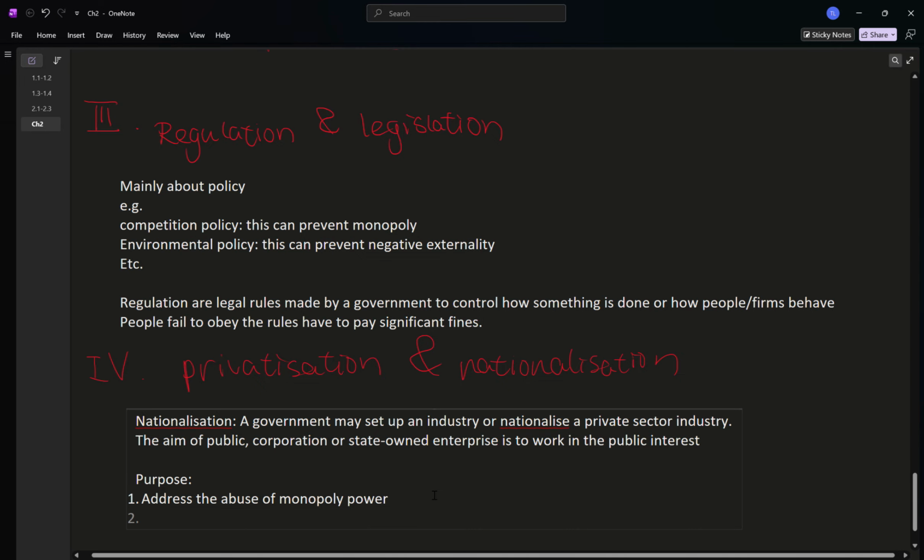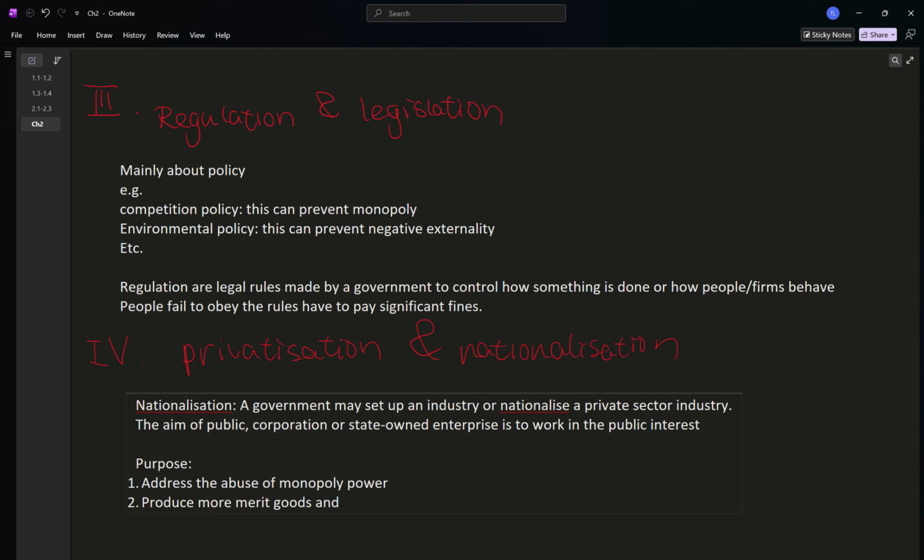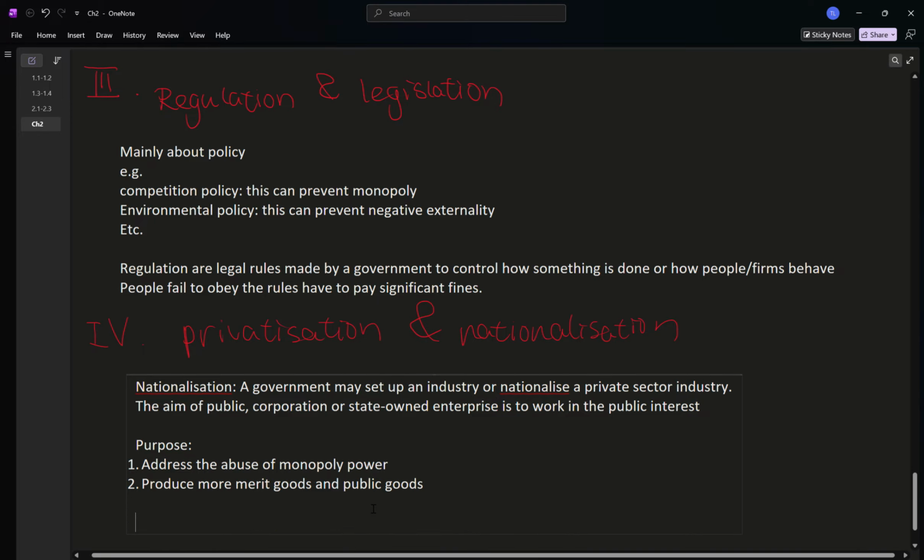Therefore, you don't have to pay that high price. Another is to produce more merit goods. If government takes control of the industry, they can produce what they want. So they want more merit goods and public goods. That's the purpose.